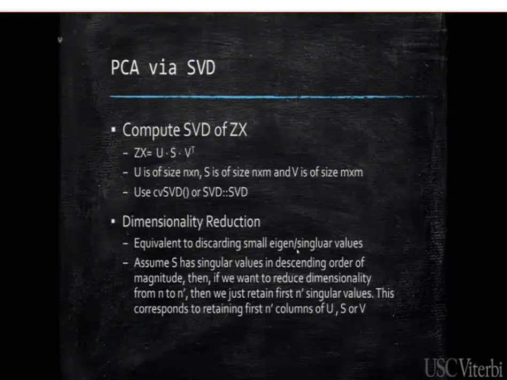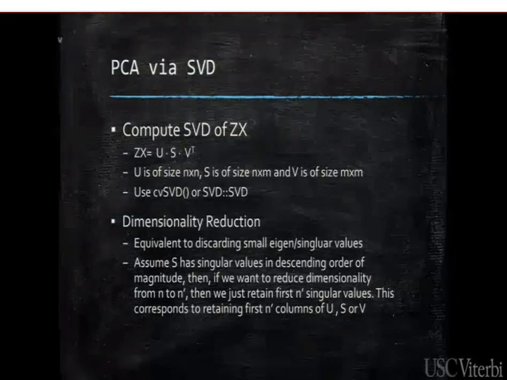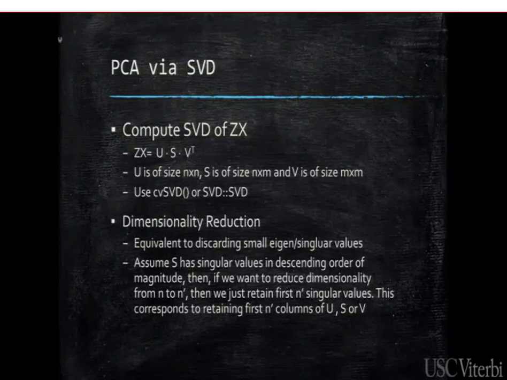If S is of size n by m, and it has n singular values along the diagonal, I can throw away some of those singular values. Which ones should we retain? The largest ones, right? Because you have to throw away the small ones.